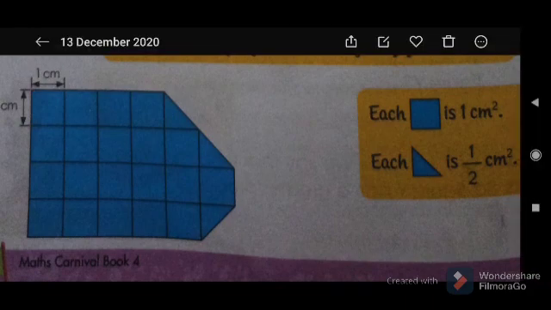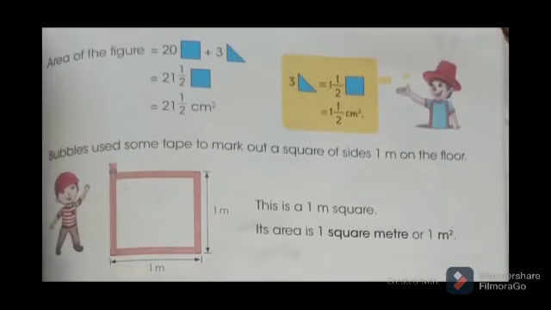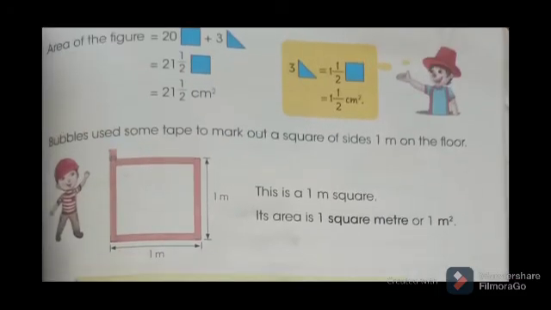So the area will be 21.5 centimeter square. And this is how we can write 21.5 centimeter square.